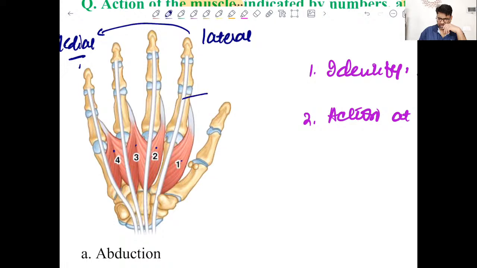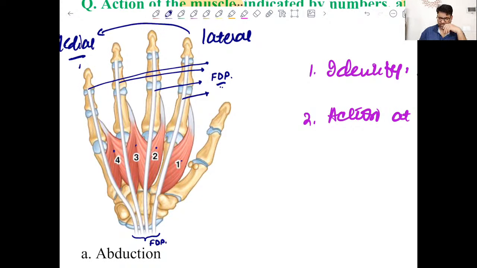You can see the long tendons. So these are the tendons of flexor digitorum profundus. Okay, so this is flexor digitorum profundus. Now can anyone answer?